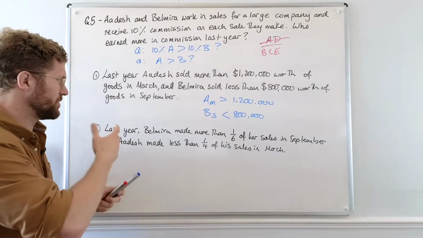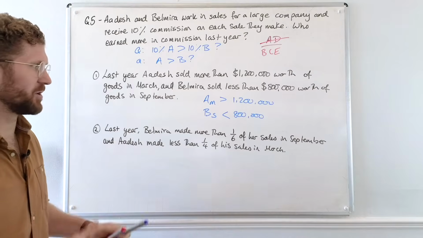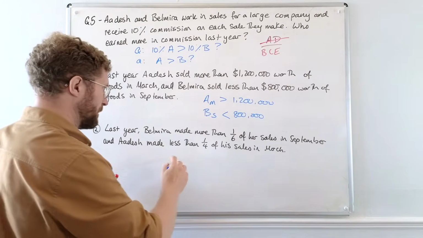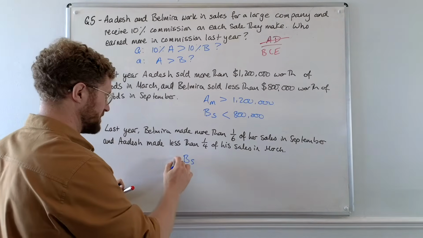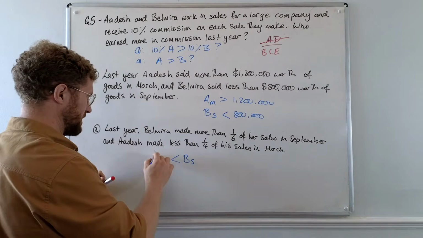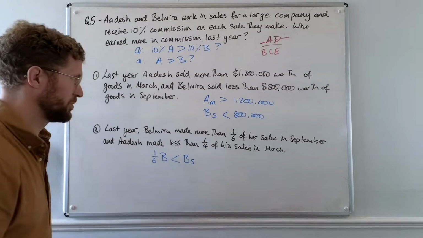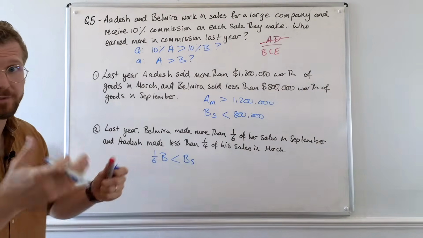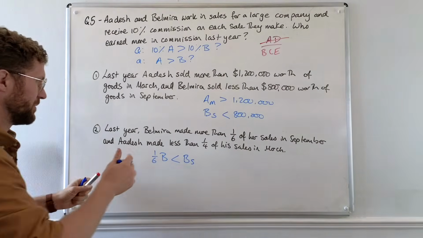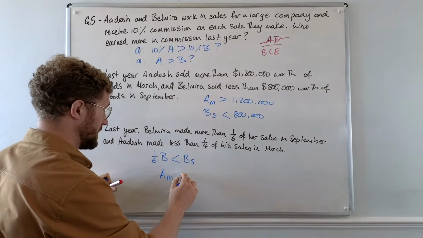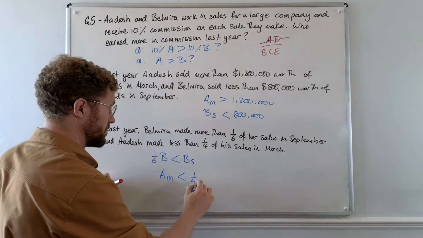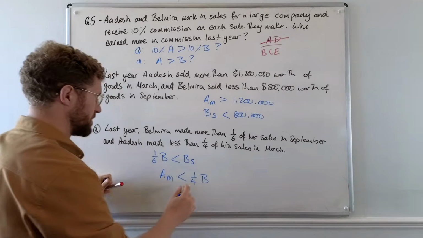All right, number 2, so Belmira made more than 1/6 of her sales in September. So Belmira's September sales were greater than 1/6 of her total sales. And similarly, but the opposite way around, Adesh's March sales were less than 1/4 of his total sales.